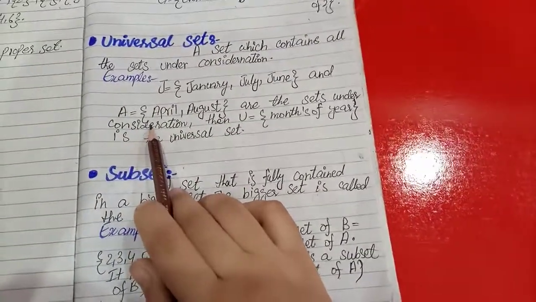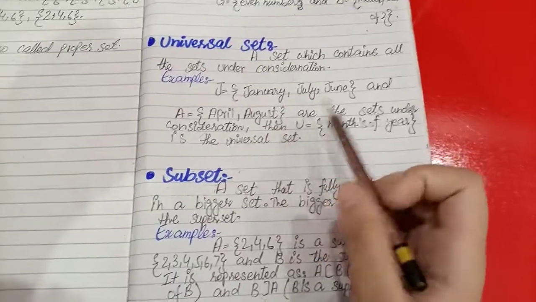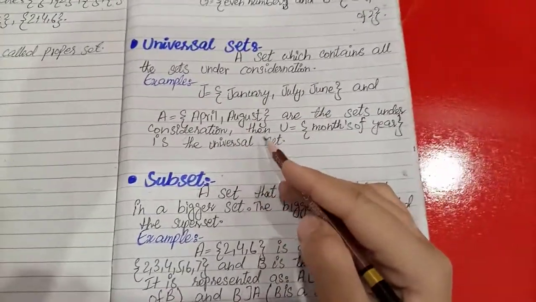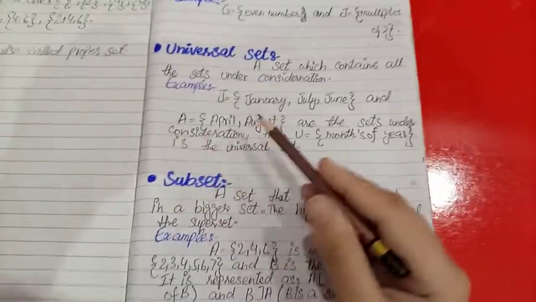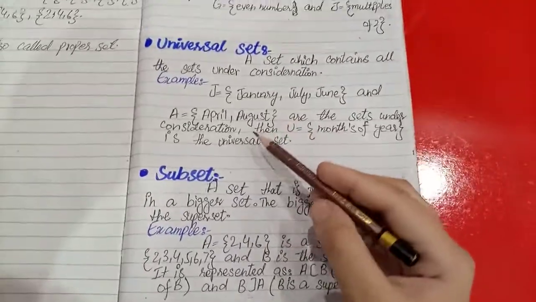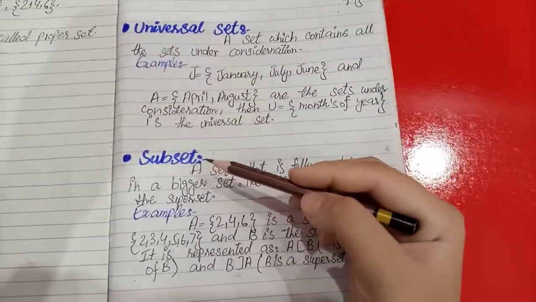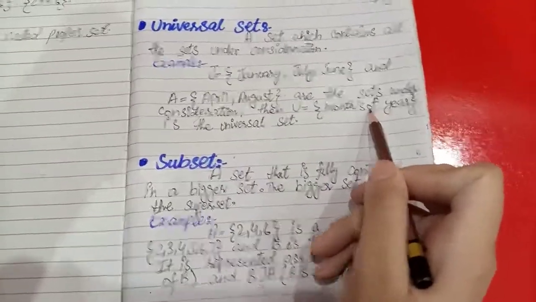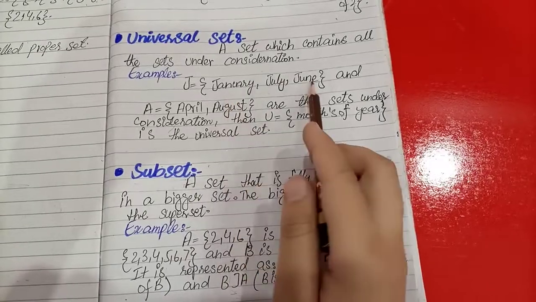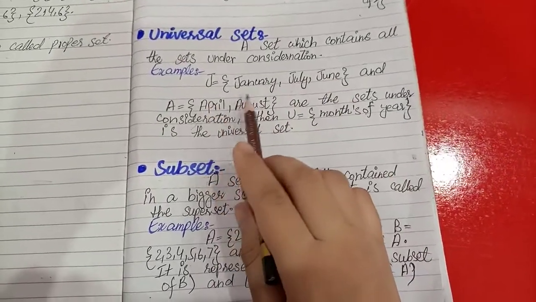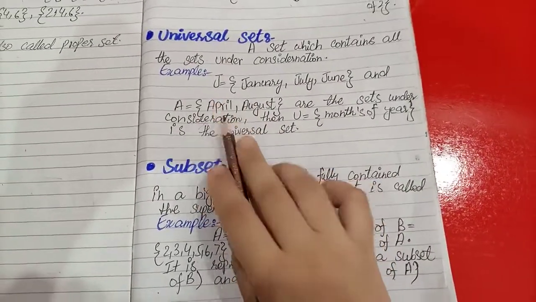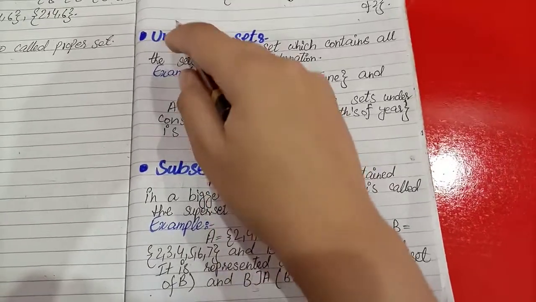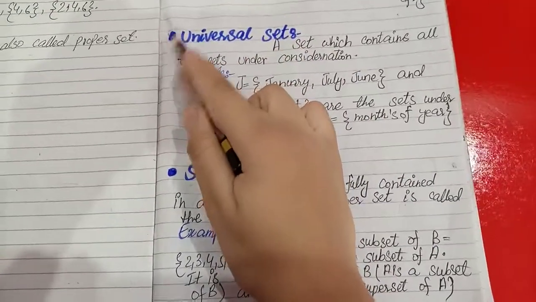Like a king does consideration of his people, his soldiers, whatever. So this is the universal set. Months of the year are the universal set, and January, June, July, April, August are its sets, so we call this our universal set.